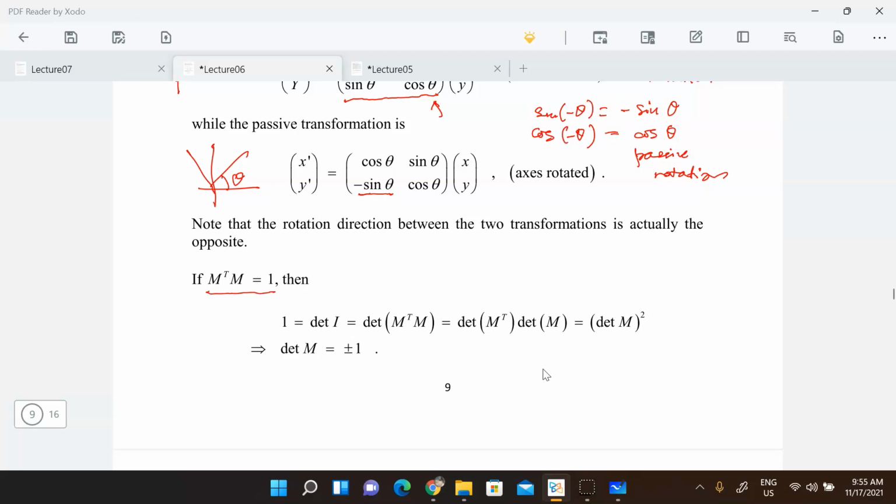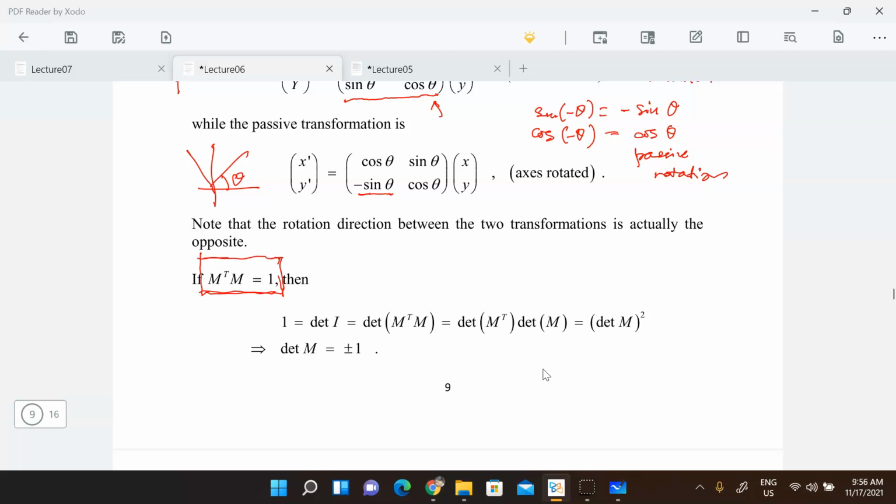One needs to be able to see different properties of this matrix M here. You know that a rotation matrix must obey this. But if we just have this, is it enough to say that this is a rotation?